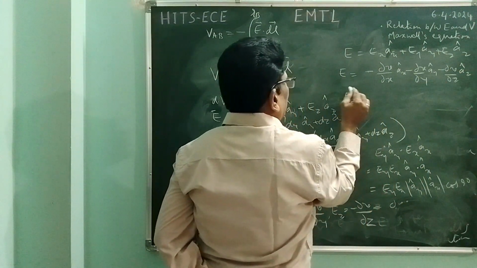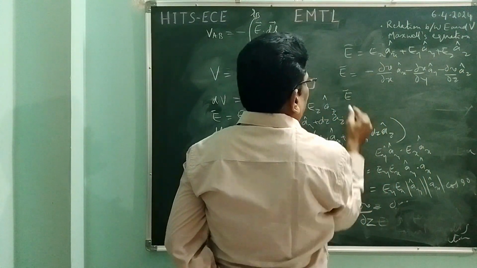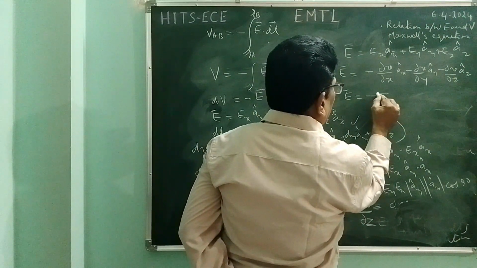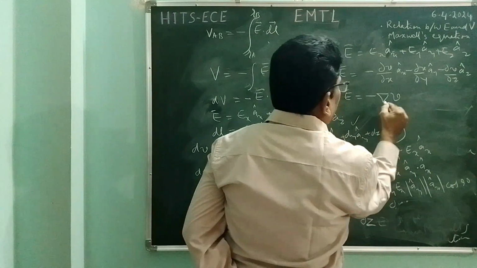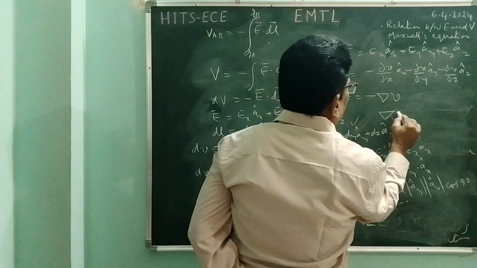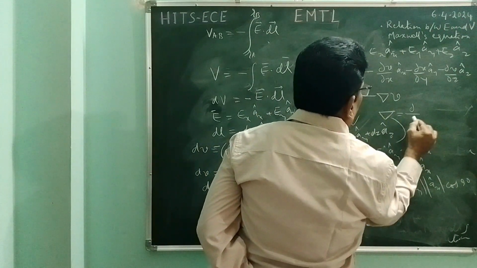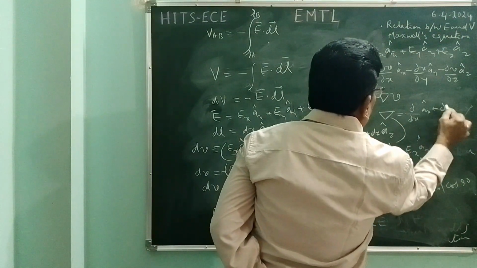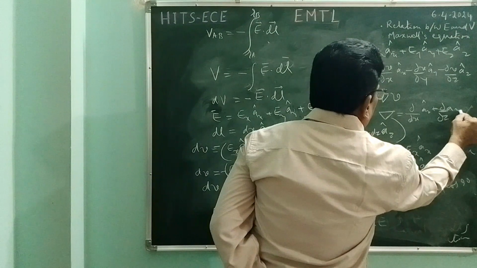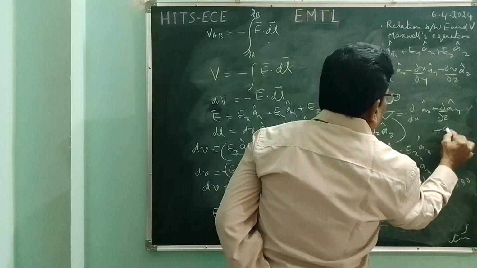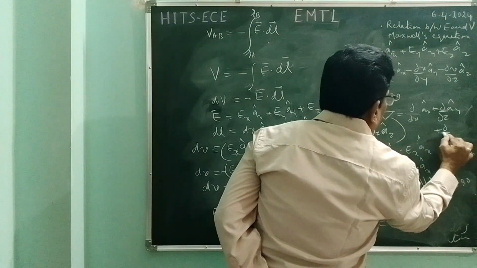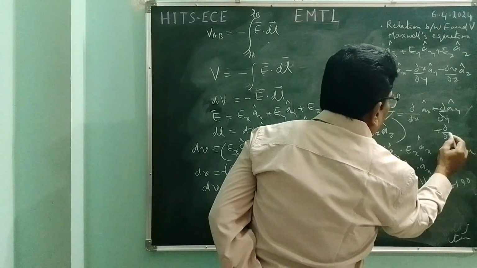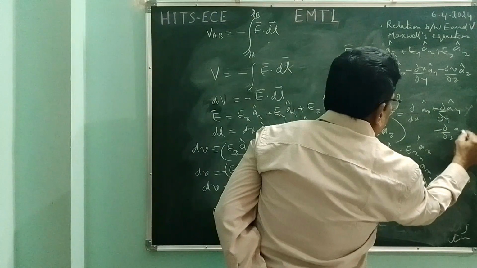So E is equal to, this is a vector, E is equal to, this can be written as minus del V, where del is nothing but del by del x into Ax cap plus del by del y into Ay cap plus del by del z into Az cap.